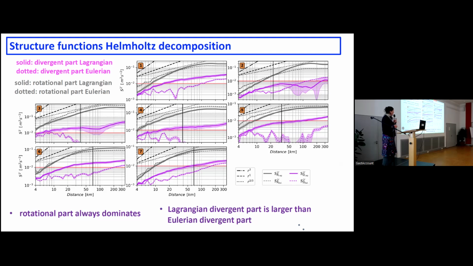Previously, what was found in these Gulf of Mexico data sets was biases in the structure functions from convergent structures, particularly at small scales. But here we find that at small scales the Eulerian and Lagrangian structure functions agree better, but you get trapping also from the large scales that leads to enhanced divergence in the Lagrangian structure function.